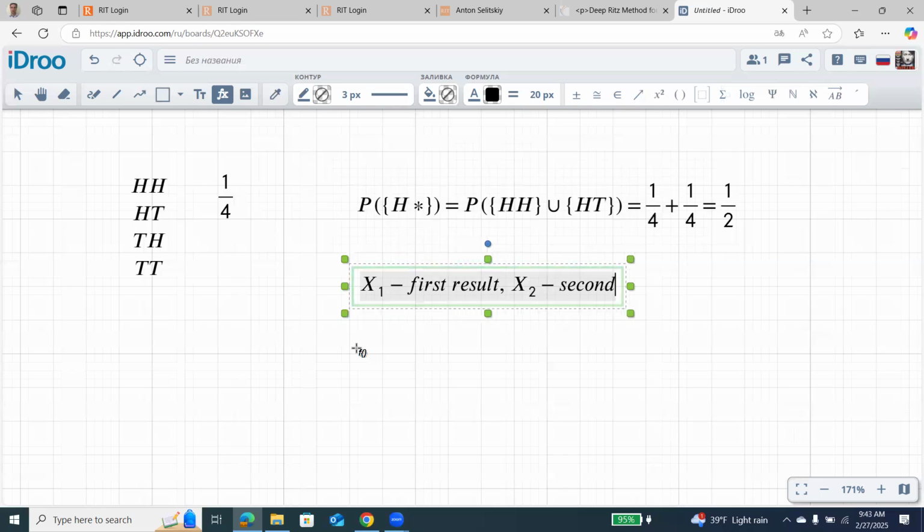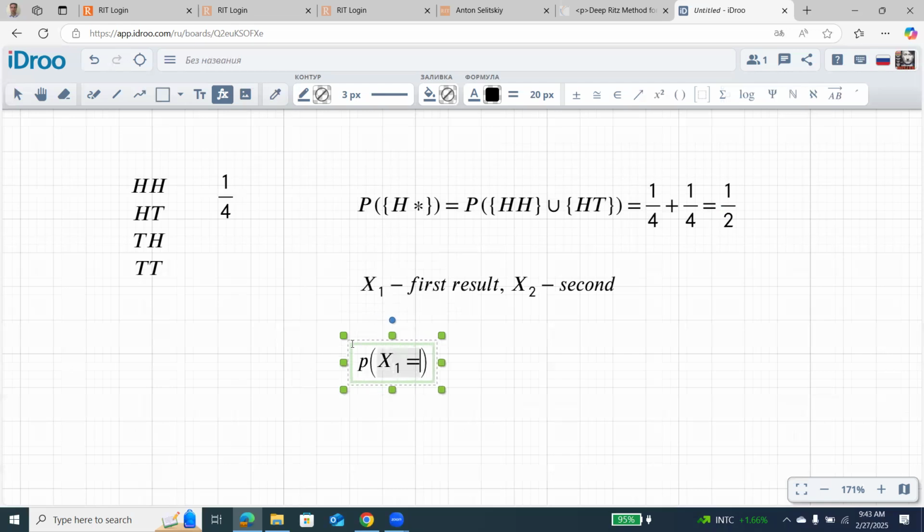And now we can talk about the probability. I will use lowercase p to make the difference between random events and random variables. Now, these are random events, and these are random variables because x can take some values. For example, x can result in heads.